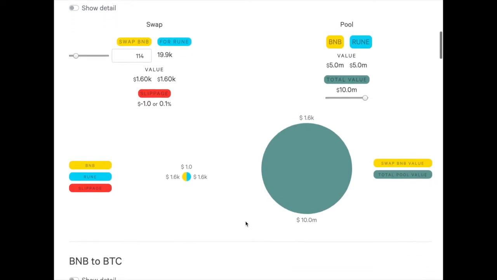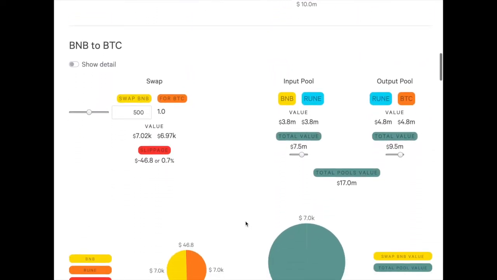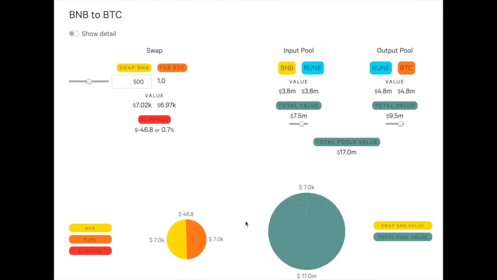So now let's look at a slightly more complicated example, which is swapping BNB to BTC. Now you'll notice that instead of using one pool, we're actually using two pools. So in this case, you're swapping in BNB and you're receiving out BTC.